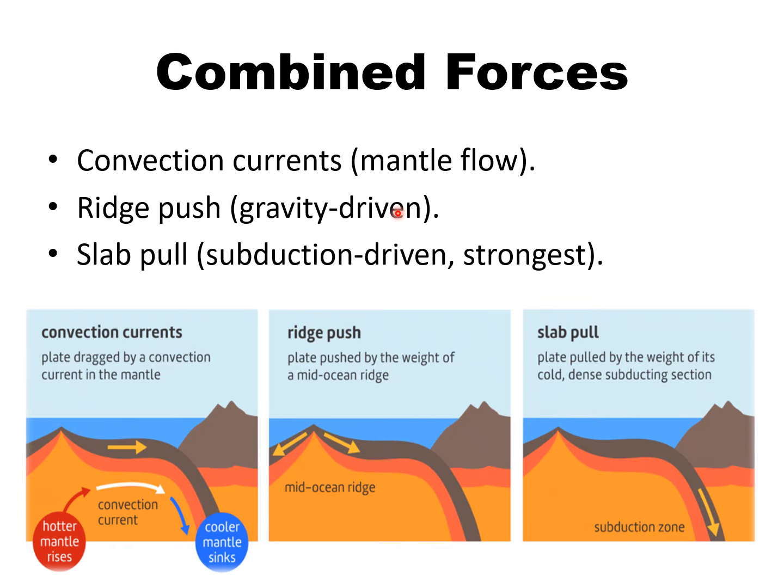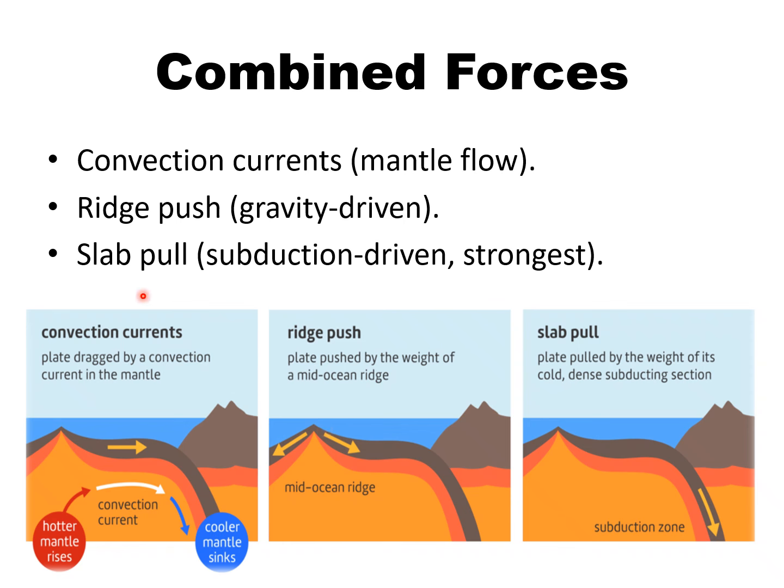Plate movement happens because of the combined action of the following: convection currents, mantle flow, where hotter mantle rises, cooler mantle material sinks, and the process continues. Ridge push, gravity driven, so the plate is pushed sideways by the weight of the mid-ocean ridge with the aid of gravity.